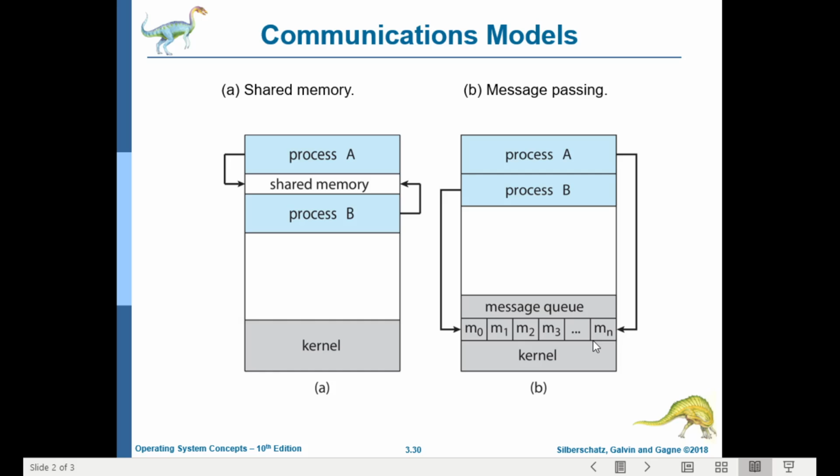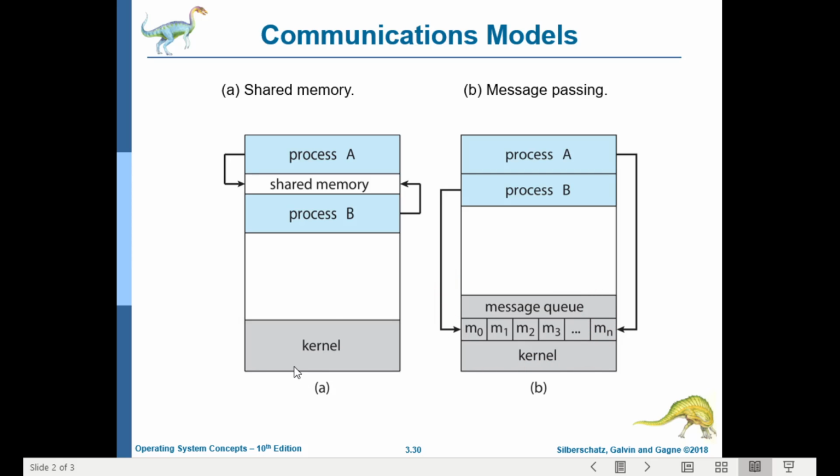The advantage of shared memory compared to message passing is that shared memory can be faster, since message passing is typically implemented using system calls and thus requires the more time-consuming task of kernel intervention. So we can look here: message passing needs to be implemented using system calls by the kernel.